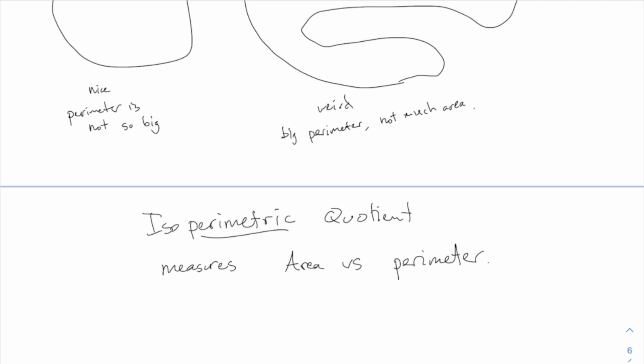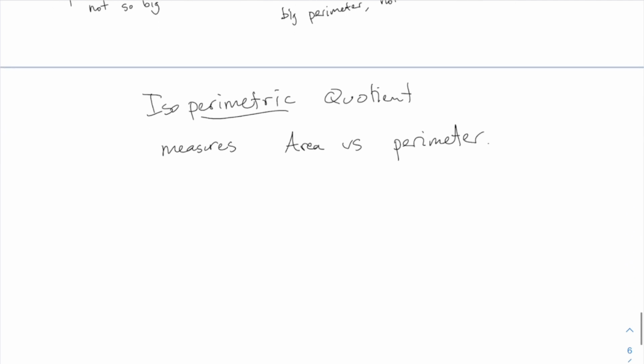If there's not so much perimeter, then it's not a weird shape. That's the very basic idea behind the isoperimetric quotient. And basically, how you do it is area divided by the perimeter. So if the perimeter is really big, then this will be close to 0. And if the perimeter is not so big, then this will be closer to 1. That's the basic idea here.